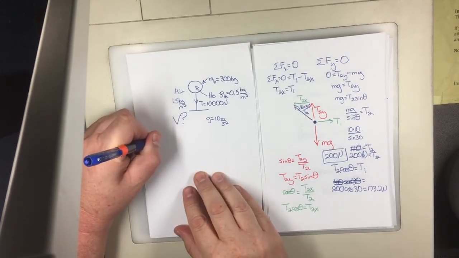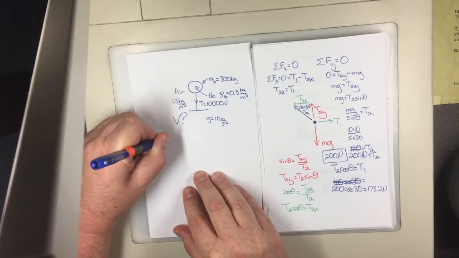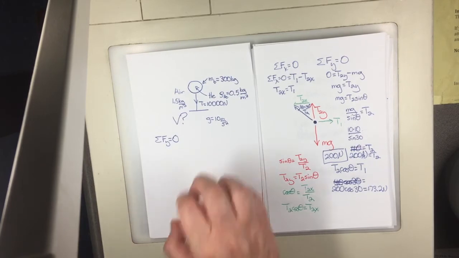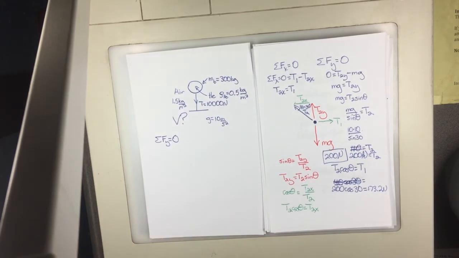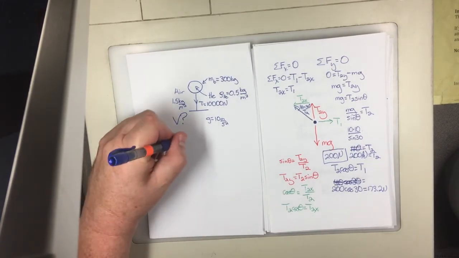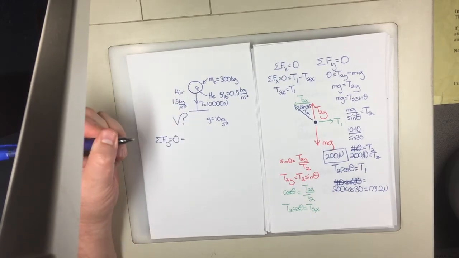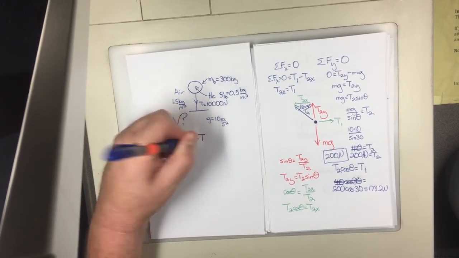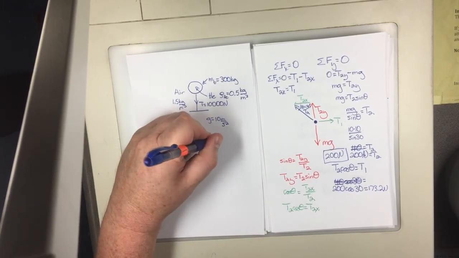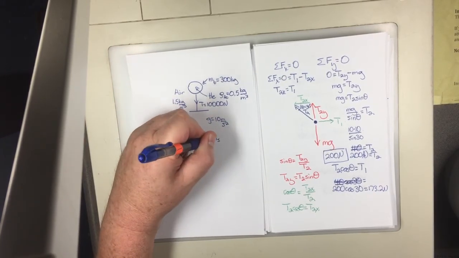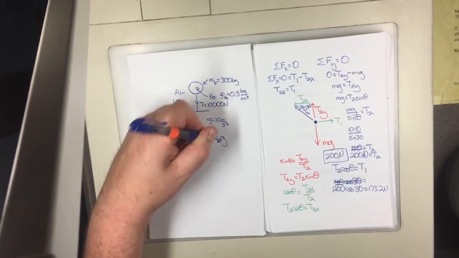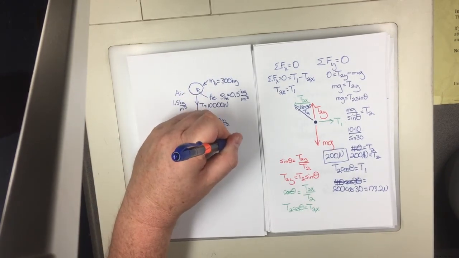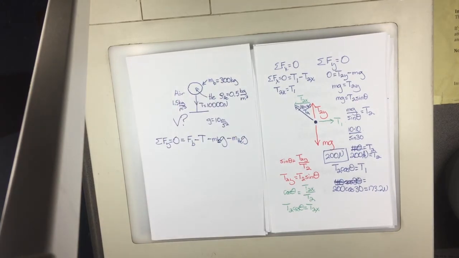So the sum of the vertical forces, because this thing is tied down, is 0. That makes it buoyant force up, tension down, mass of the balloon times gravity, and then the mass of the helium inside times gravity.